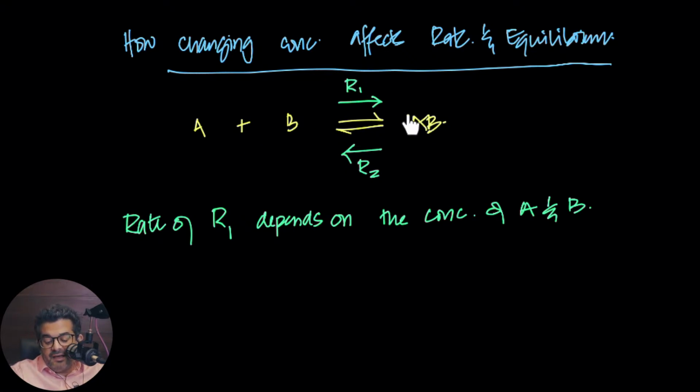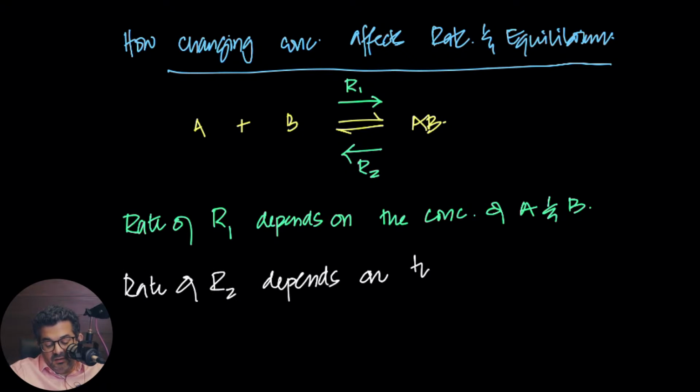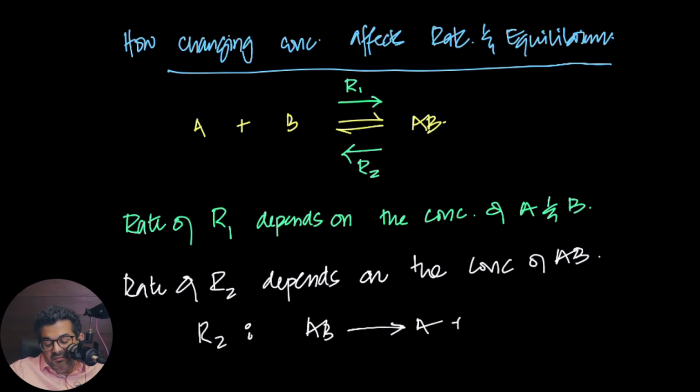But over time, as you develop AB, then its amount increases. Because its amount increases, the rate of the backward reaction, which is rate of R2, depends on the concentration of AB. Because what is R2? R2 is simply AB becoming A and B. And what is R1?